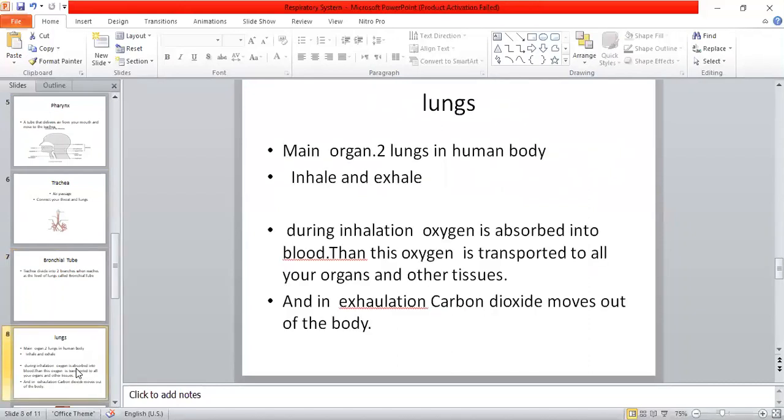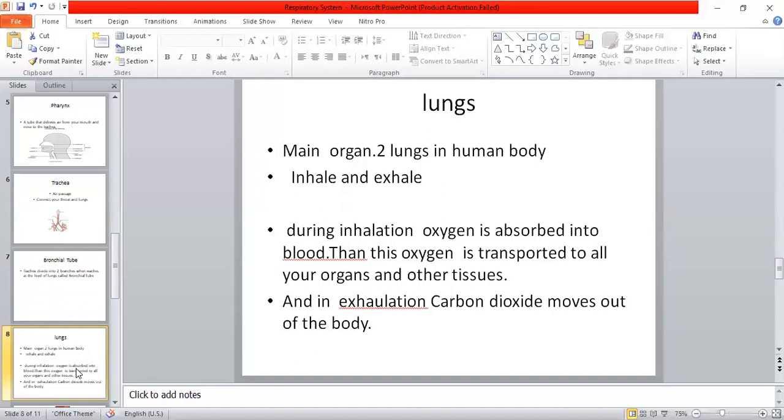Lungs are the main organ of the respiratory system. Each human body has two lungs. The main function of the lungs is inhalation and exhalation of gases. What do we inhale? We inhale air, and the main component of air is oxygen. This oxygen is absorbed into the blood.